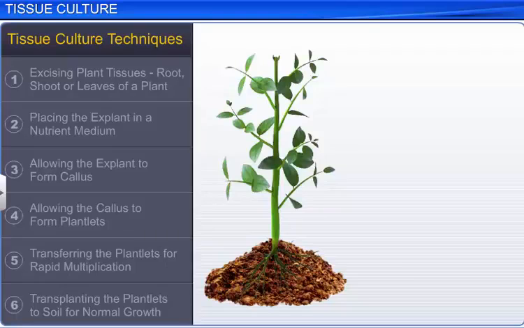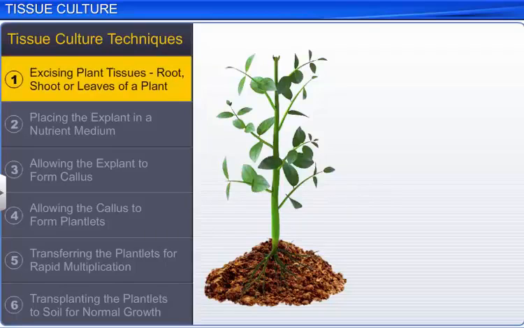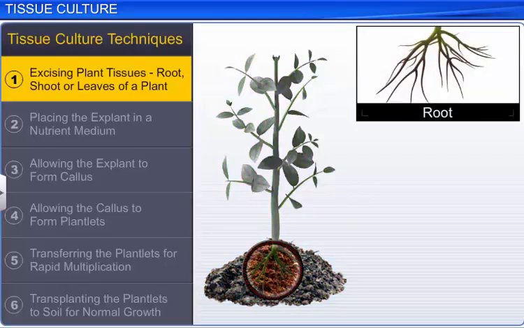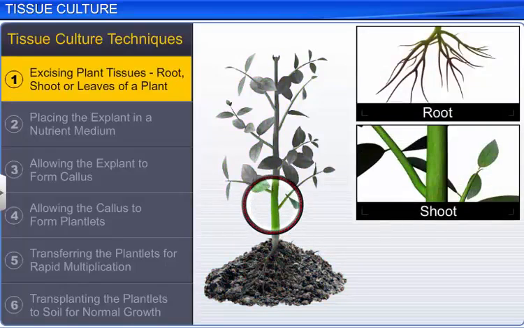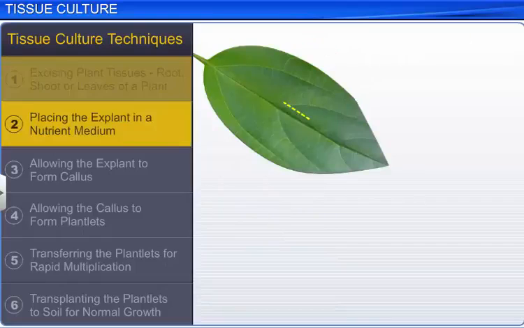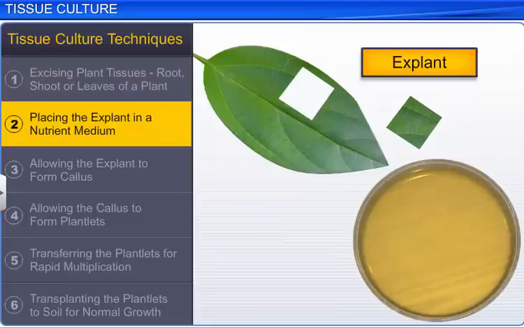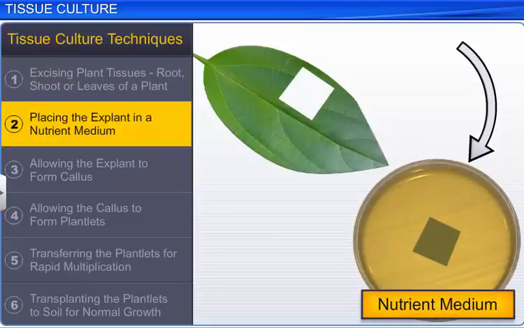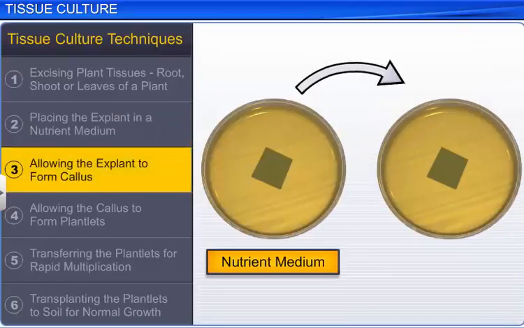The first step is excising a small part of plant tissue like the root, shoot, or leaves of a plant. Then placing the cutout part or explant in a suitable nutrient medium, followed by allowing the explants to multiply and form a group of tissues called callus.